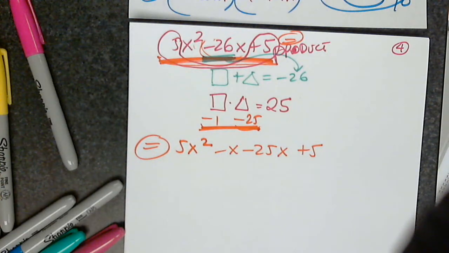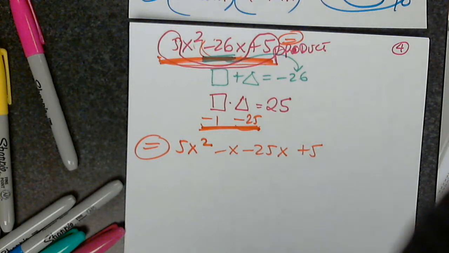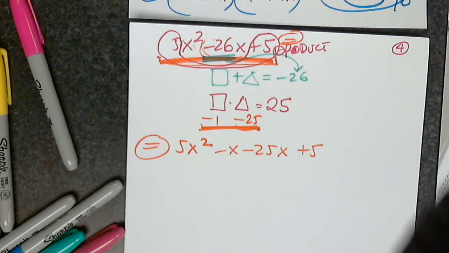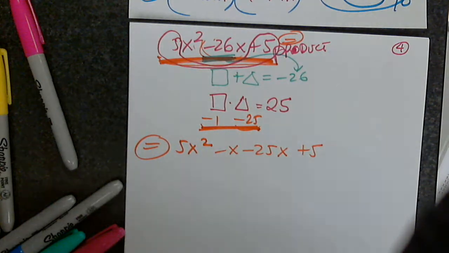Did I change the problem? No, I just replaced negative 26 with negative 1 minus 25. I did not change the problem. Now, if you go back and combine like terms, you're not going to reach your target. What we have to do next is factoring by grouping.